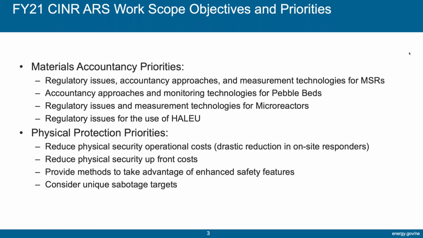So the first bullet is that we need to reduce physical security operation cost, which is by drastic reduction of on-site responders. Also reduce physical security upfront cost, and provide methods to advance enhanced safety features, and also consider unique sabotage targets. Next page.